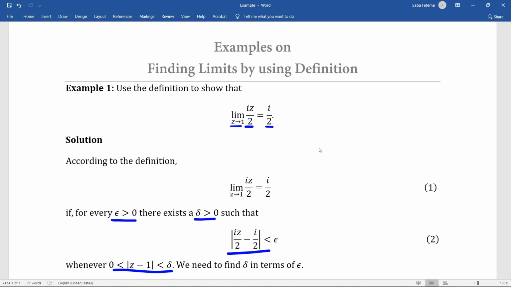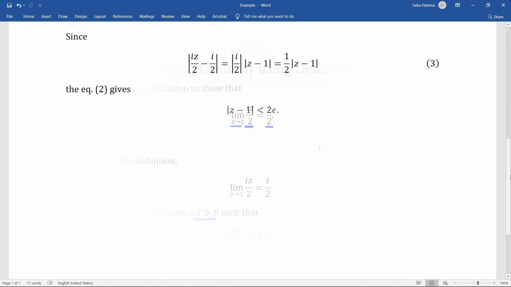Now we need to find delta in terms of epsilon. Now we will simplify the left part of the inequality 2 in this way.